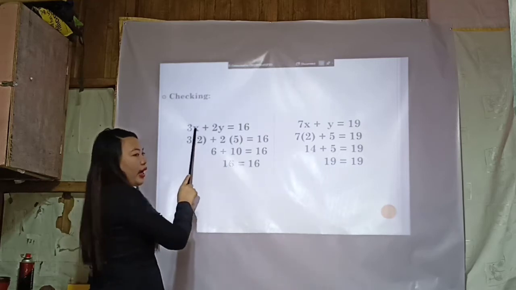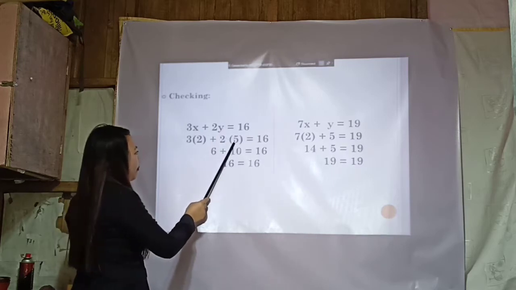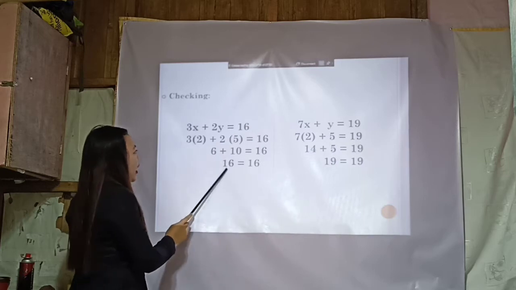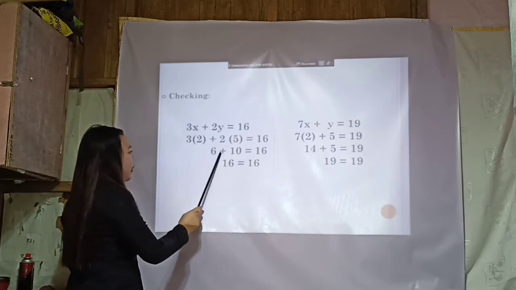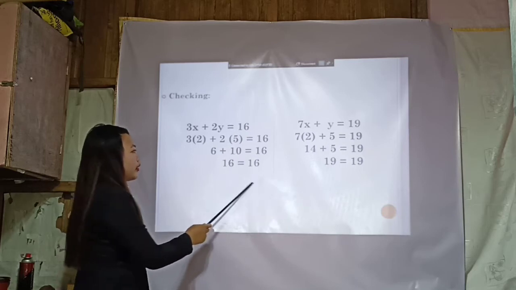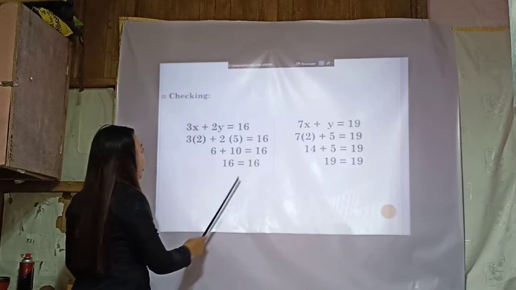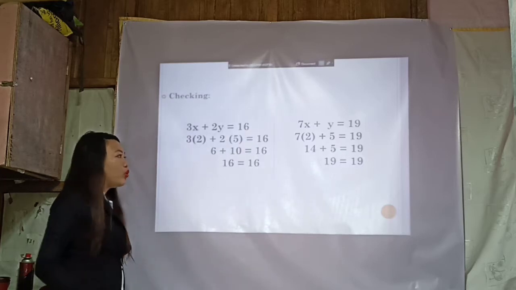The value of x is 2 and the value of y is 5. So, 3 times 2 is equal to 6 and 2 times 5 is equal to 10. So, 6 plus 10 is equal to 16 and 16. Therefore, both sides are the same. It means that equation number 1 is true.